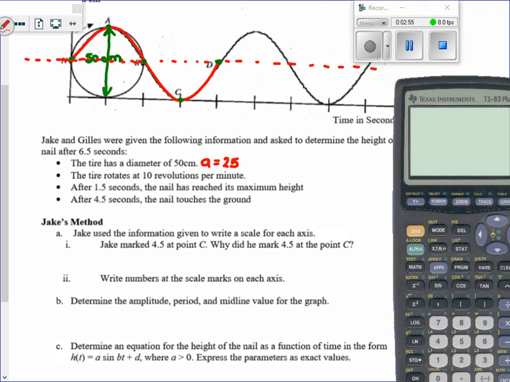Okay? We also know the tire rotates at 10 revolutions a minute. Okay? Now remember, one revolution is this complete sine function one time. So one revolution is what we need to figure out because that will be the period of this function. Okay?